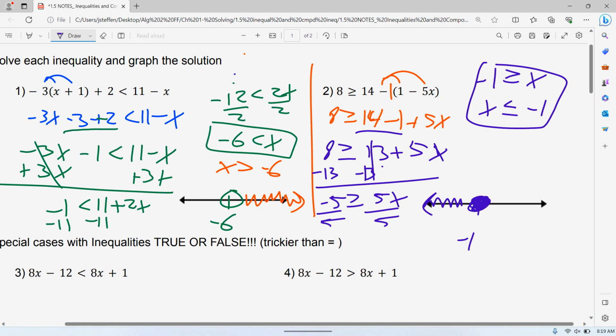Are you talking about right here why they switched the sign? Oh, why did I not switch the sign? So I didn't switch the sign right here. Oh, right.